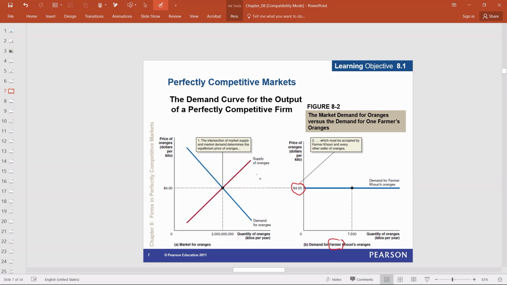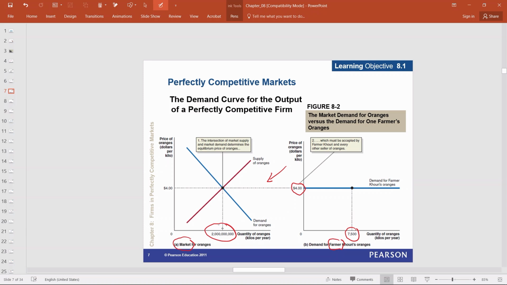However, this shows the demand and supply for the whole market in the perfectly competitive market. So what you notice here is that the collective demand is the demand for the products that all farmers are producing.